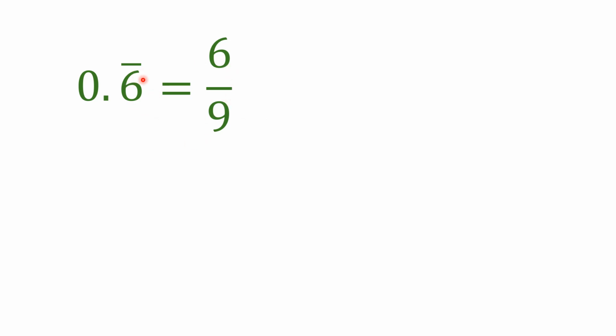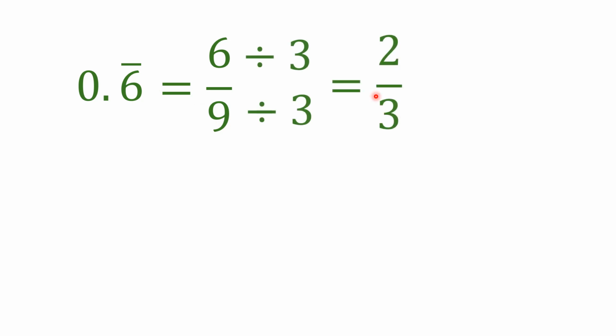So if it's only one repeating number, just put it over 9. If it's two numbers repeated, then you put 2 nines. Since it's 6 over 9, it can be reduced, so you have to reduce it. Both are divisible by 3. So it will be 2/3. So 0.666 is 2/3.